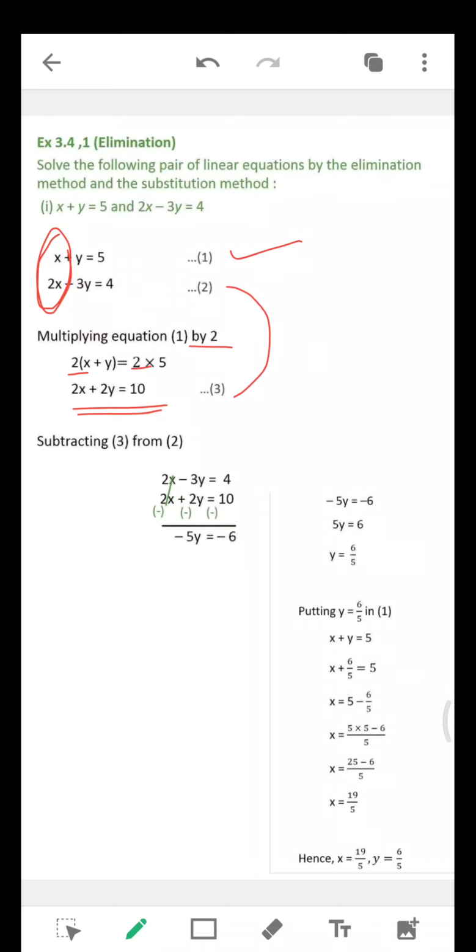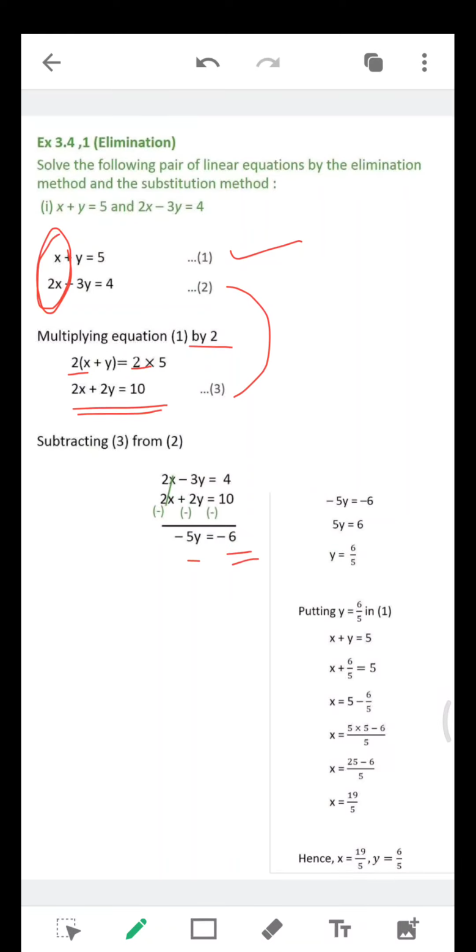Equation 1 became 3 now, after multiplying by 2 on both the sides. And why are we multiplying? To make the coefficient of x as 2, so that I can cancel it. Here I can cancel by subtraction. 2x minus 2x gets cancelled. Minus 2 minus 3 is minus 5, and 4 minus 10 is minus 6.